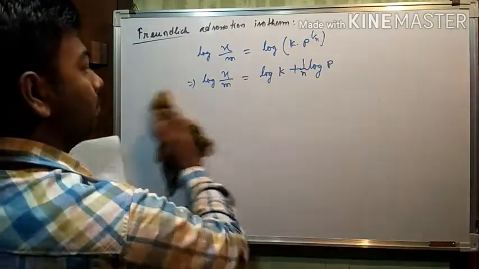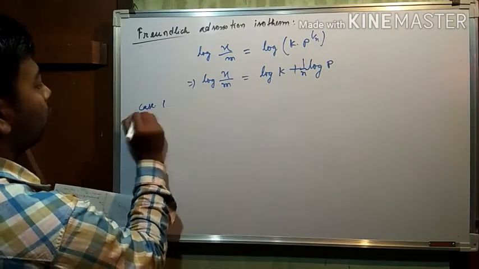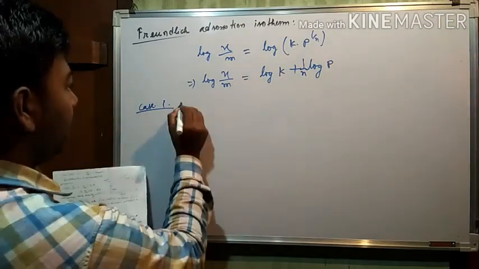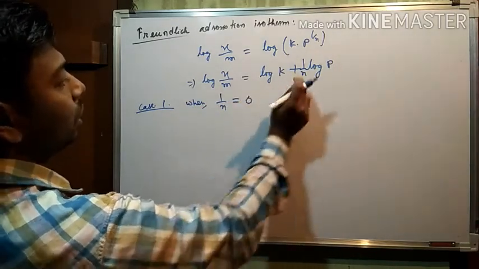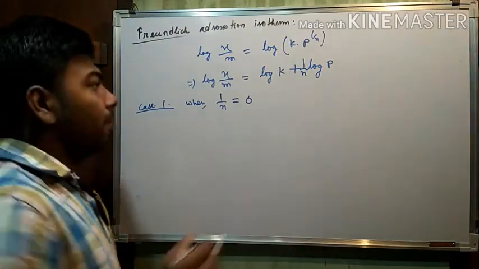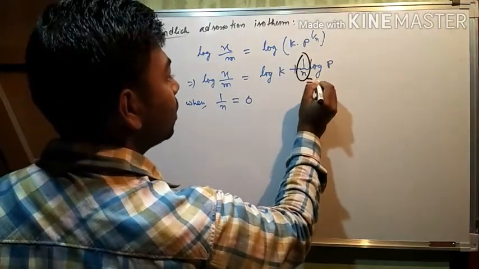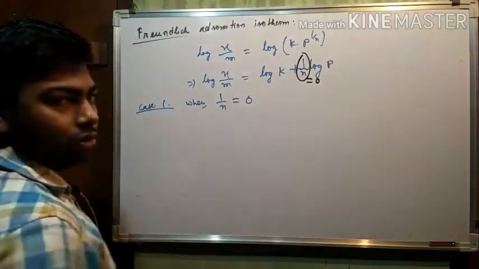Now see. Case 1. When 1 by n becomes 0, if this term becomes 0, then obviously the whole term becomes 0, no? 0 into anything equal to 0.